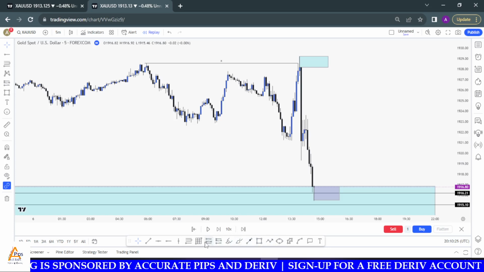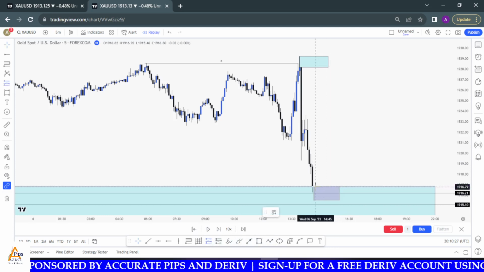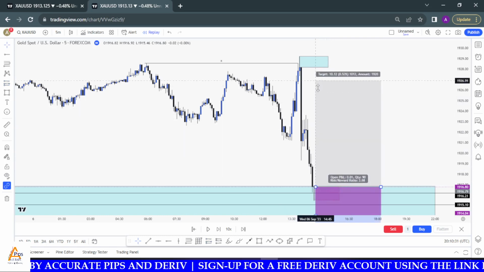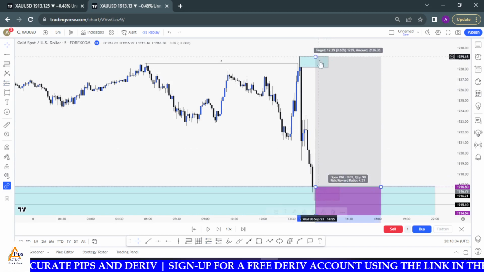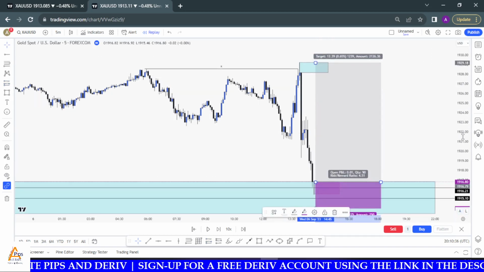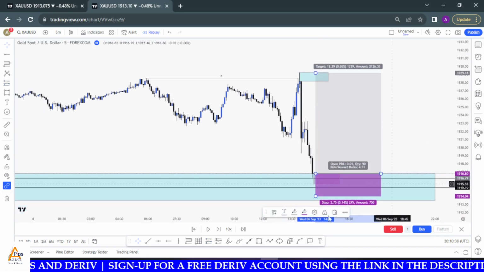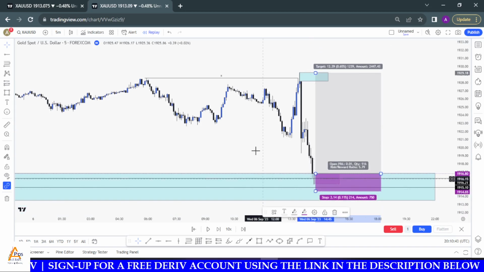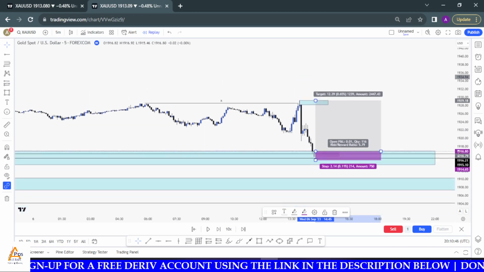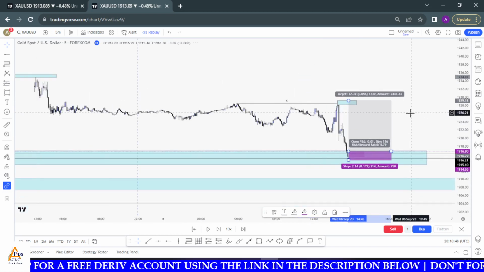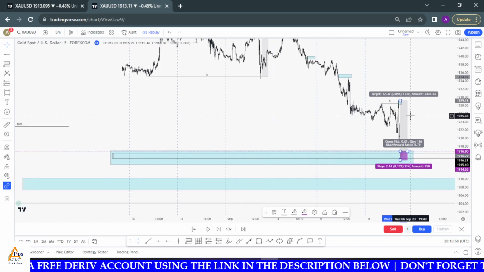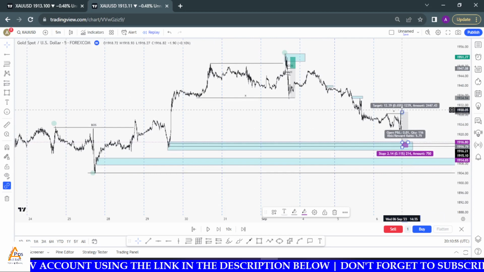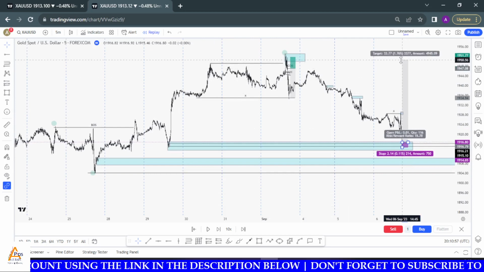So here, if you are taking the aggressive trade, it means this is how we are going to go. And remember, because we are buying, we are bullish, we are going to be targeting the H1 high, this high here.